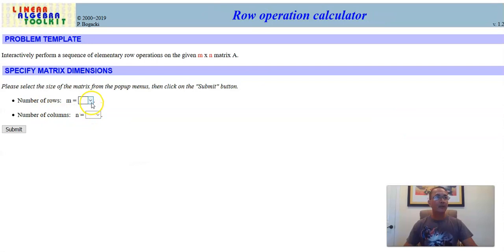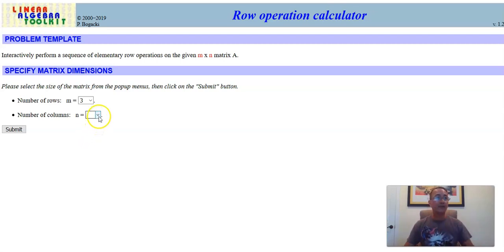So the first thing you have to do is input the number of rows, the number of equations that we have, and we have 3 equations, and the number of columns. Now, we have the 3 variables x, y, and z. The equals was turned into a vertical bar, and then you have the constants on the right side.